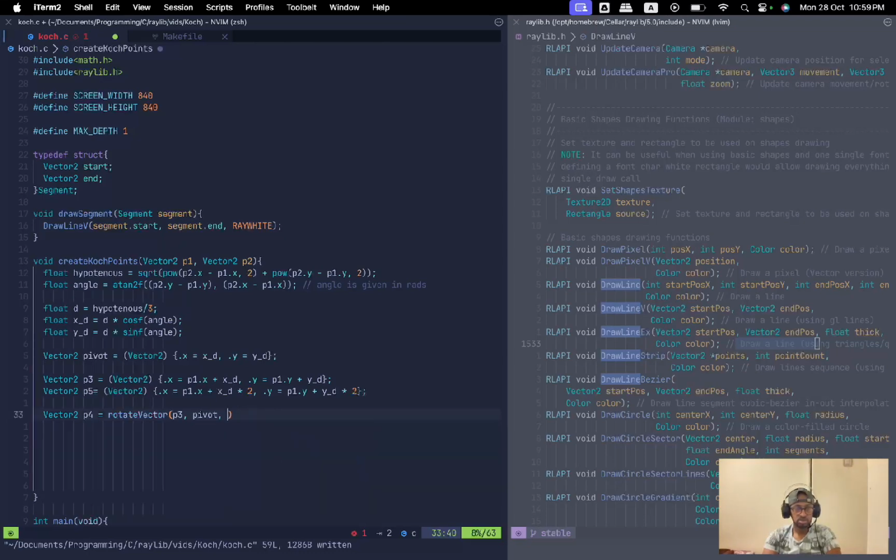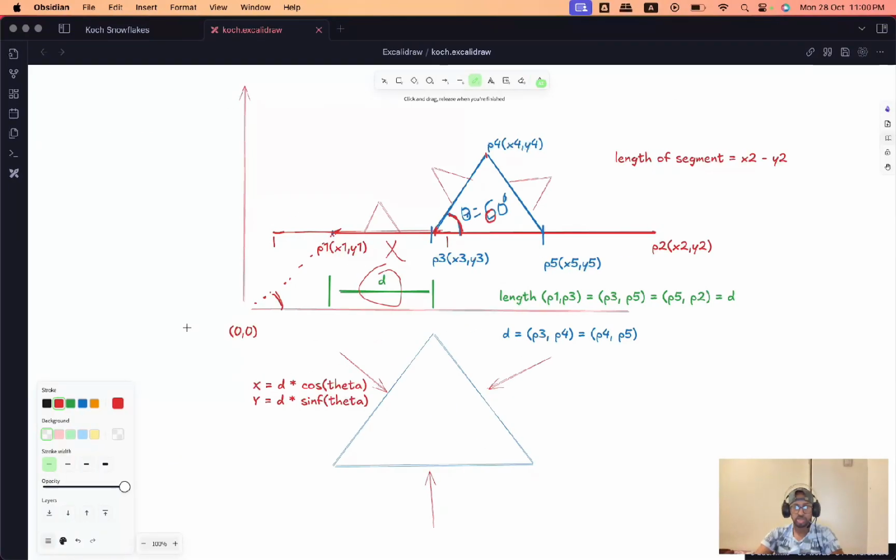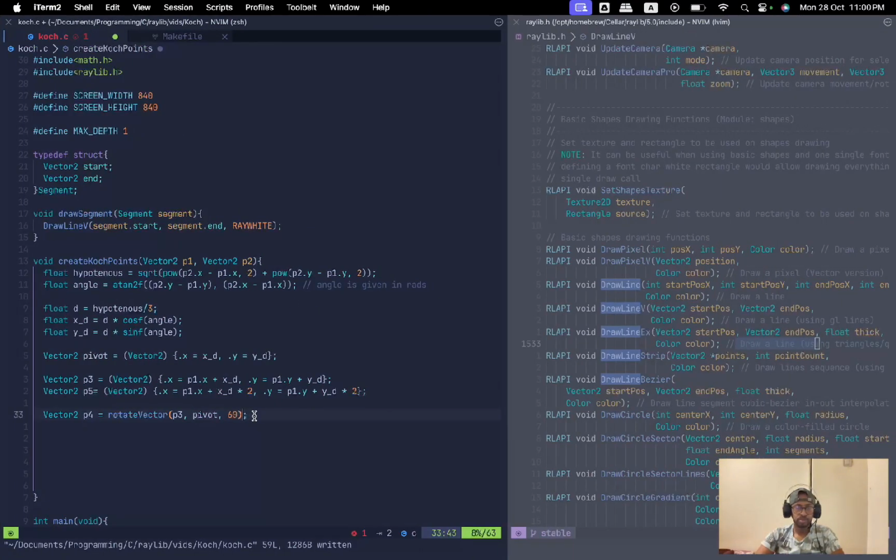Let's give our angle a default, so each vector is rotated by 60 degrees, and they will create an equilateral triangle. So we already know our angle. Now, this angle is passed in degrees, so we need a way to convert it to radians.